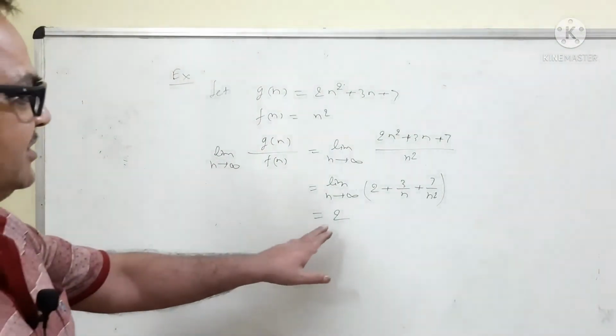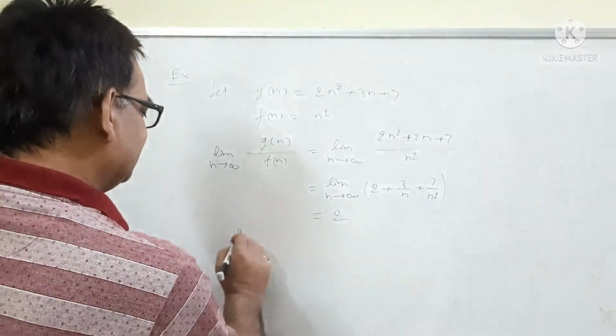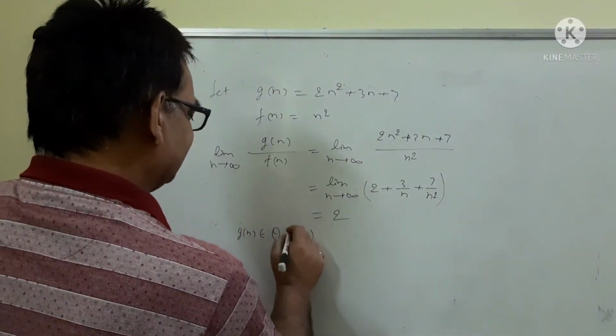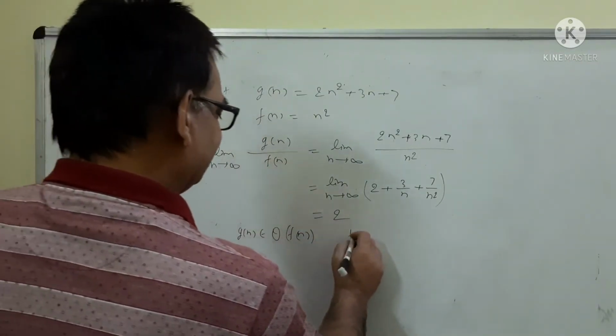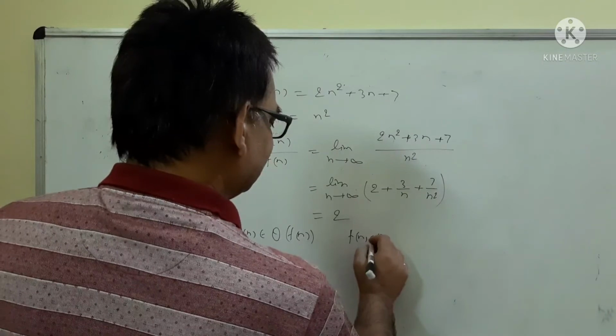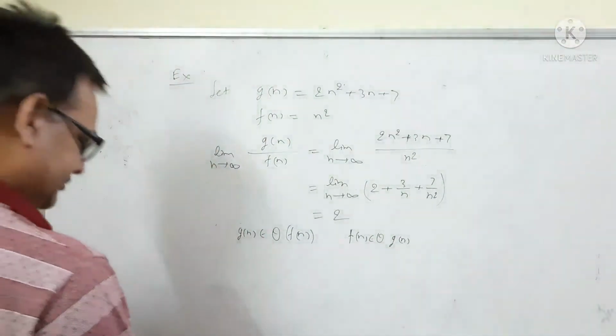Since it is non-zero positive, therefore g(n) belongs to theta f(n) and f(n) belongs to theta g(n).